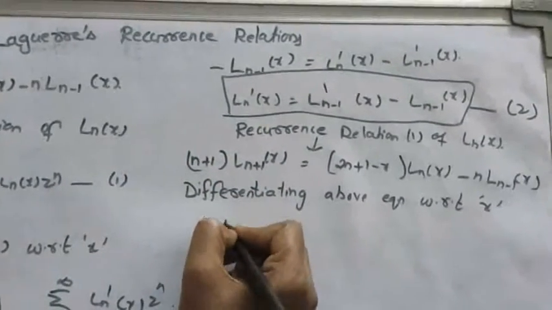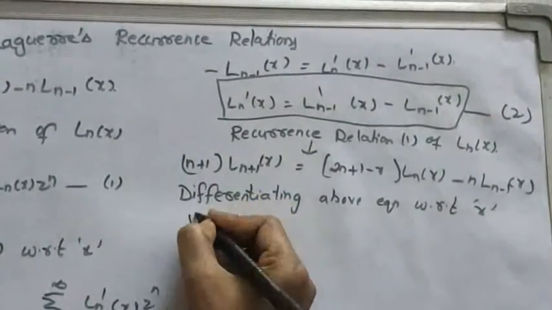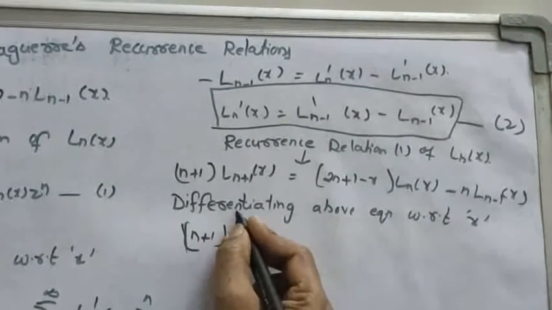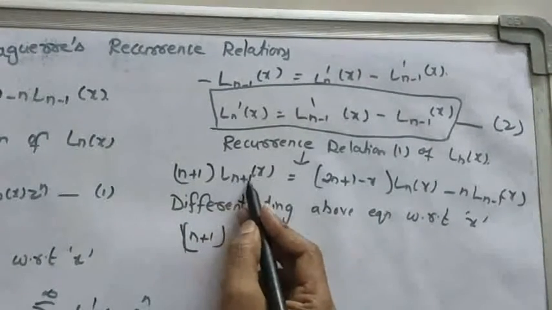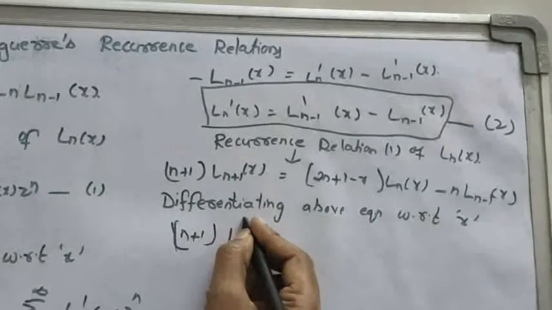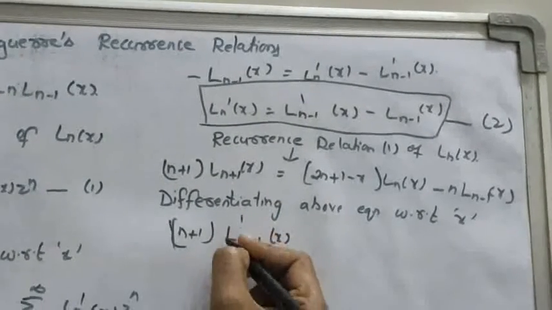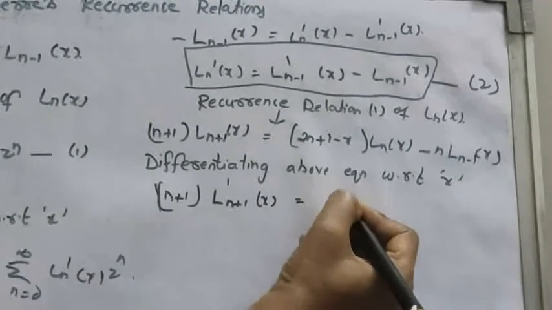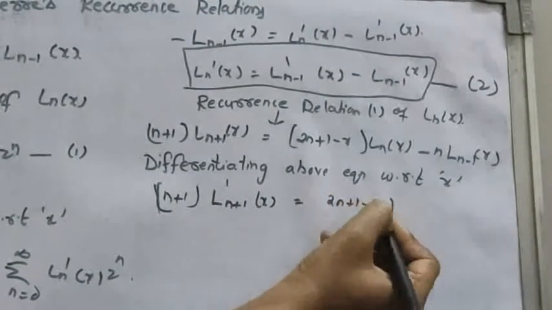N plus 1 d by dx of Ln plus 1 of x is nothing but Ln plus 1 dash of x. Here dash represents the differentiation of this term, is equal to 2n plus 1 minus x.